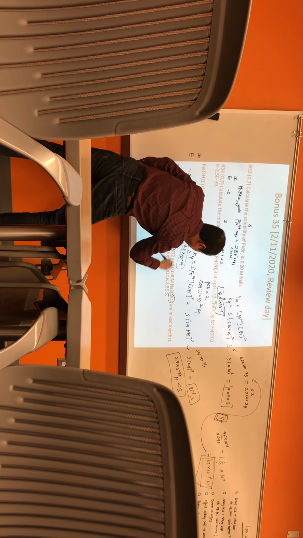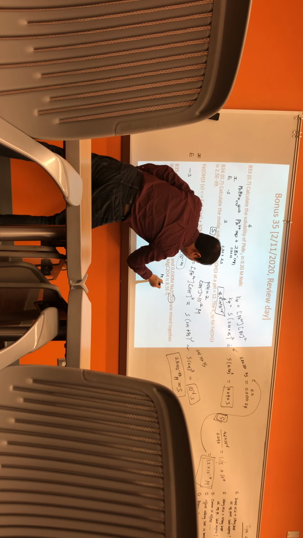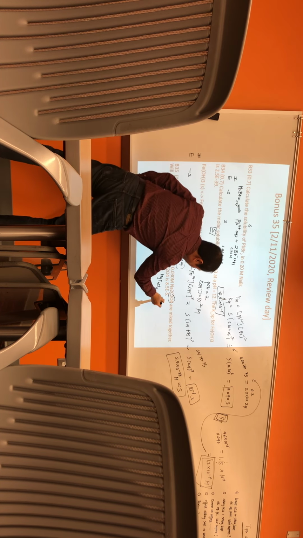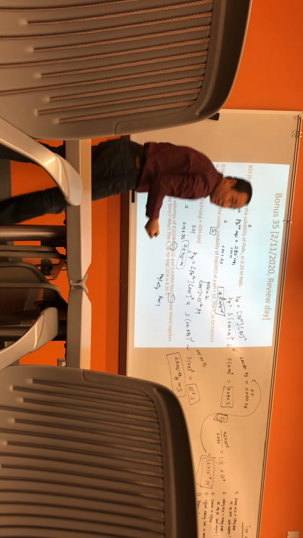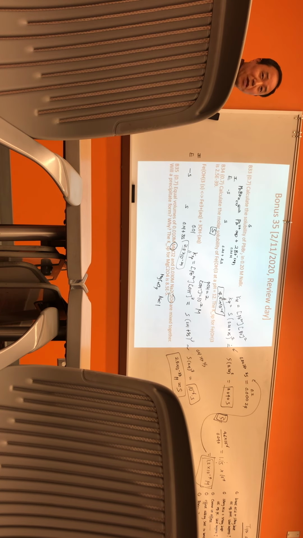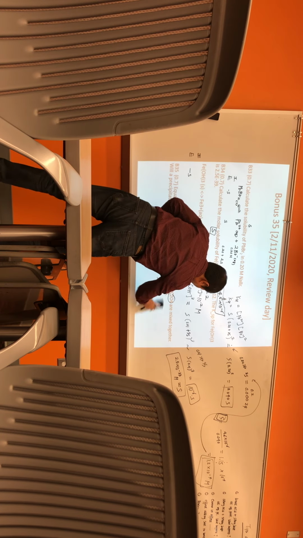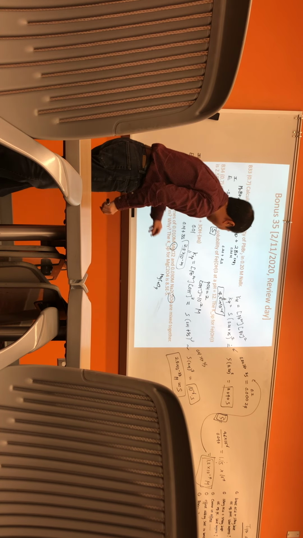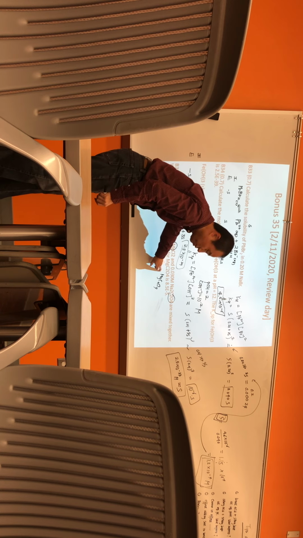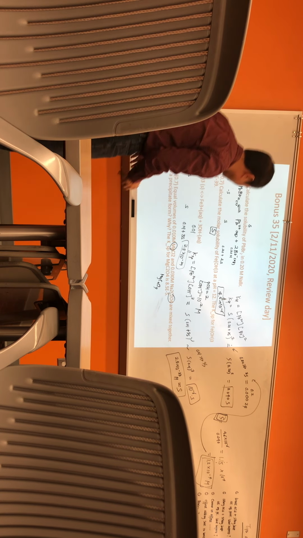So together you're gonna have MgC2O4, or NaCl. Now NaCl does not precipitate in water, right? Because it dissolves. So we are not considering this one at all. At the same time, Ksp for this compound is given, so obviously we are looking at that guy.